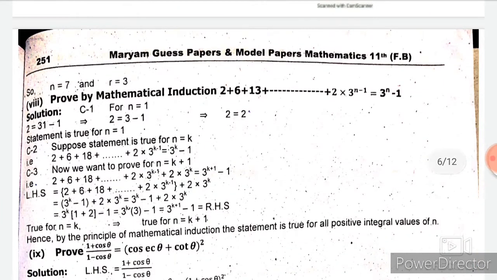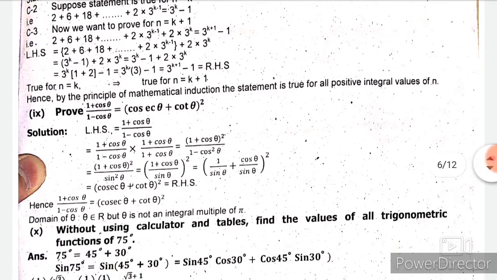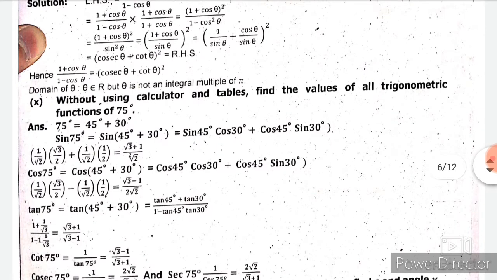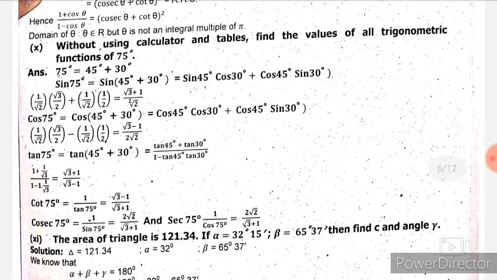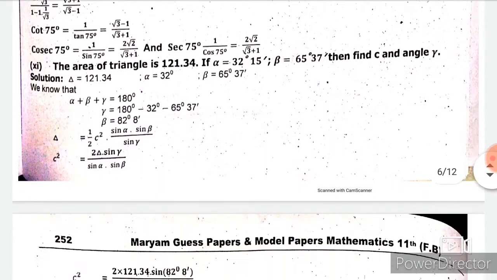Part 8 is from chapter number 8. Part 9 is from chapter number 9. Part 10 is from chapter number 10. Part 11 is from chapter number 12.